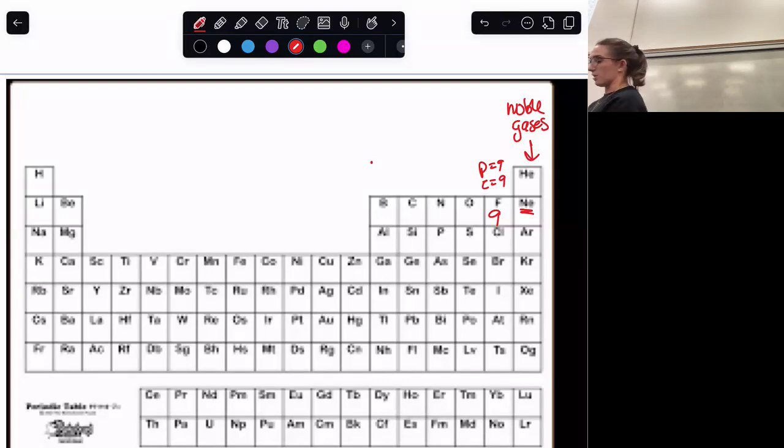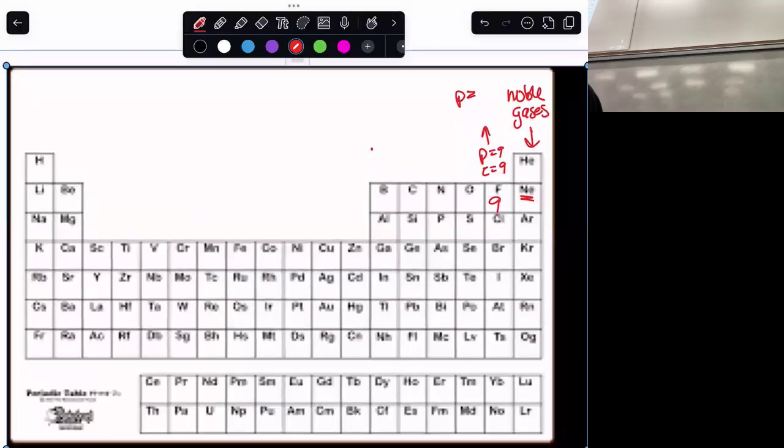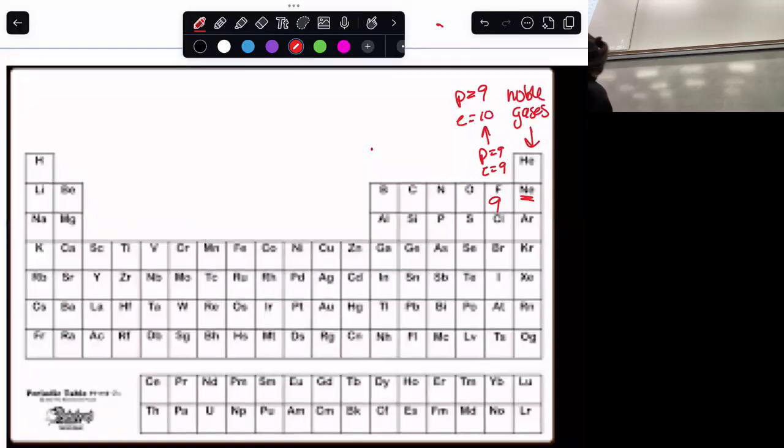We need to add an electron. So protons equal 9, electrons equal 10. What is our charge on fluorine now? -1, right? So fluorine's always going to make a -1 charge. It'll always look like fluorine -1.